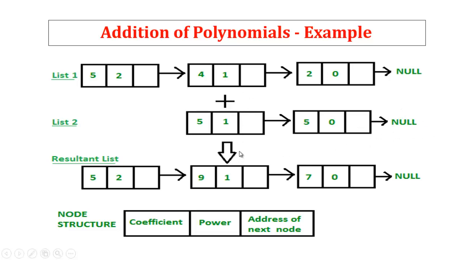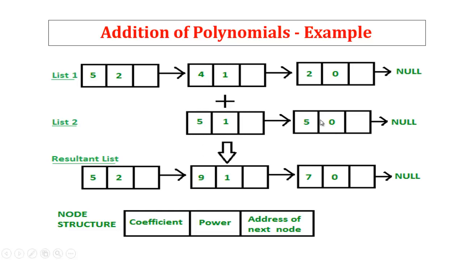Okay, when you add two polynomials using a linked list, first you compare the powers. If the powers are the same, we can add them. If the powers are different, we straight away copy the term into the resultant list. That is 5 x power 2, and then 4 x power 1, here also x power 1. The powers are equal, so we keep only one power, x power 1, and add the first polynomial's coefficient with the second polynomial's coefficient, 4 plus 5, 9.